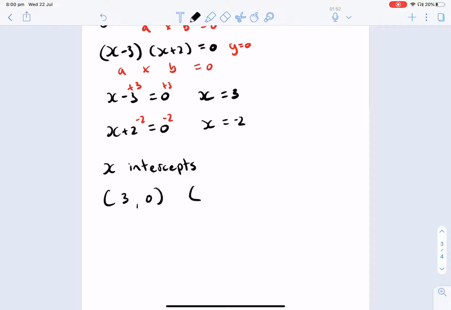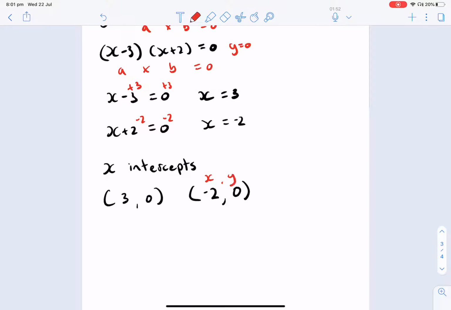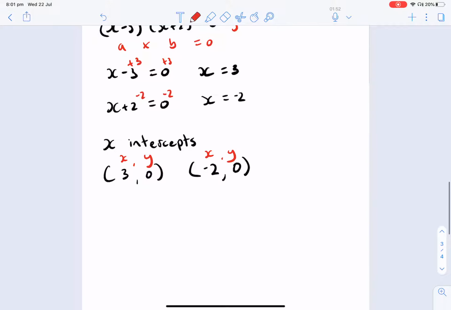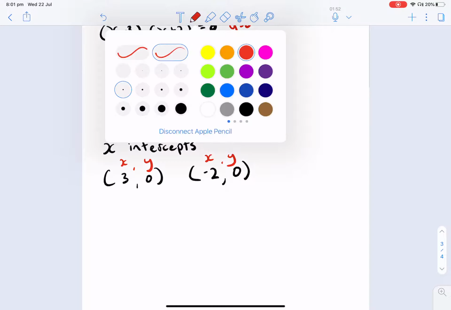And the other x-intercept has an x value of negative 2 and a y value of 0. Keeping in mind that these are our x and y coordinates. So what that is saying to me on my graph, when x equals 3, y equals 0, and when x equals negative 2, y equals 0.